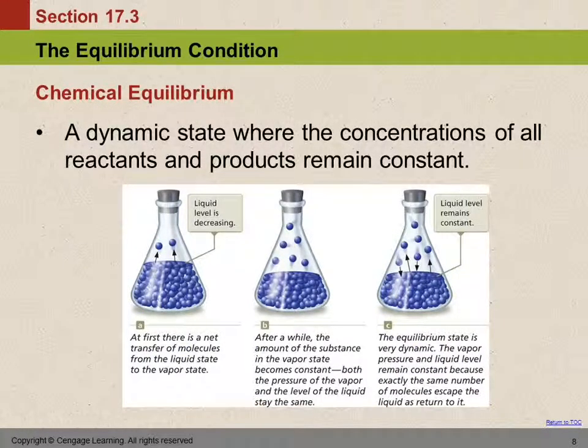An equilibrium is a dynamic state. But looking at it, it doesn't look like it's dynamic, because it looks like the concentrations of reactants and products are staying the same. They are, but they're actually switching places. It's a little bit like maybe a busy airport in the middle of the day. So at noon or at 2 o'clock, the number of people in the airport is the same, roughly.